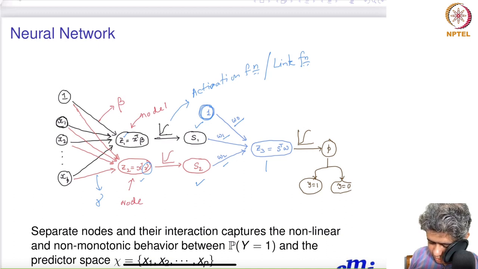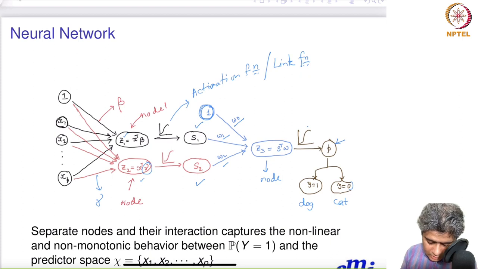Then from Z3 another activation function gives me the P, and from the probability P I get dog or cat. So this is my neural network.